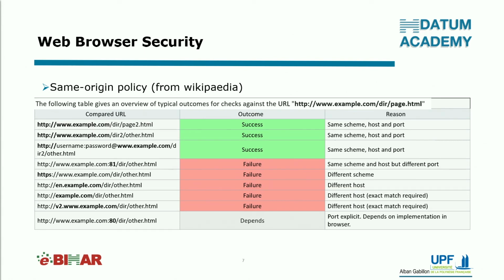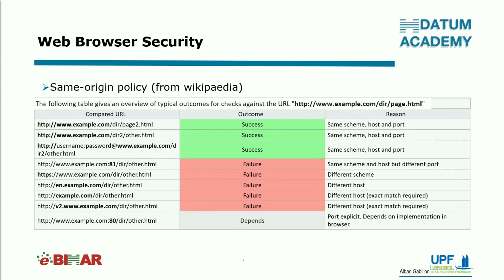The next URL is not from the same origin because it uses a different port. It uses port 81. The next one also is not of the same origin because it uses HTTPS instead of HTTP. So you can read the other examples by yourself. It's very easy to understand. And there is only this last URL which can be a small problem because in fact the outcome will vary from one browser to another.